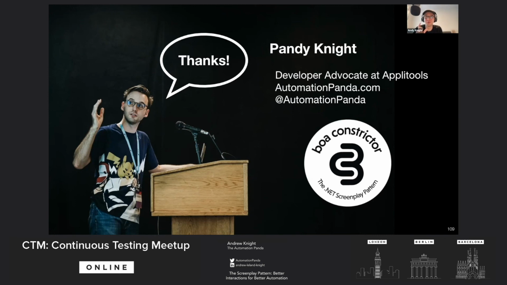So, like I said before, as a standalone implementation of Screenplay, I wanted to be narrow in the concerns that Boa Constrictor handled. I wanted it to focus primarily on interaction. There are a lot of things going on within a test automation solution that could be handled. I did not want to handle extra things. I did not want to have an assertion library, right? That's why we import Fluent Assertions.